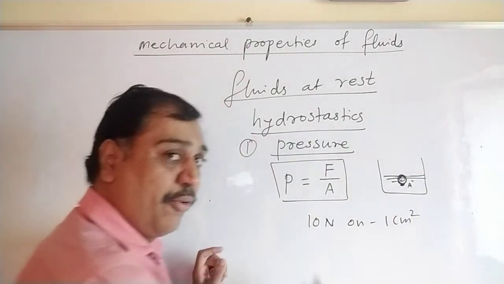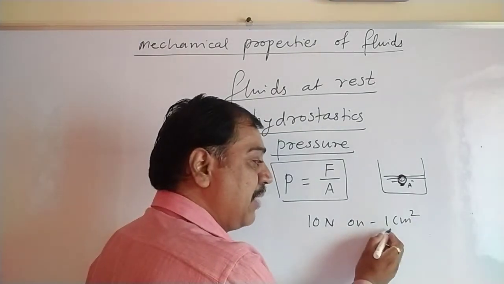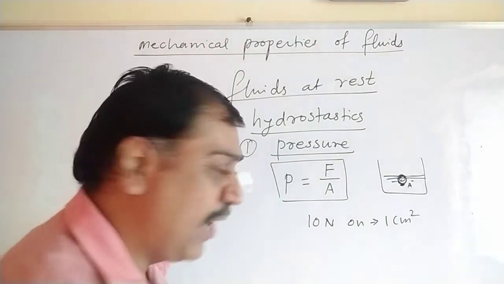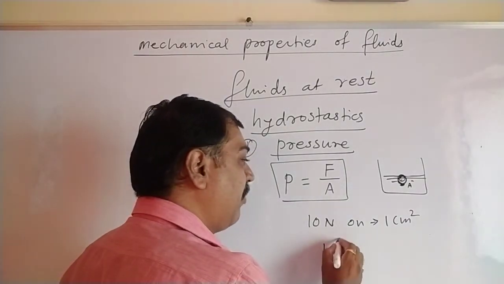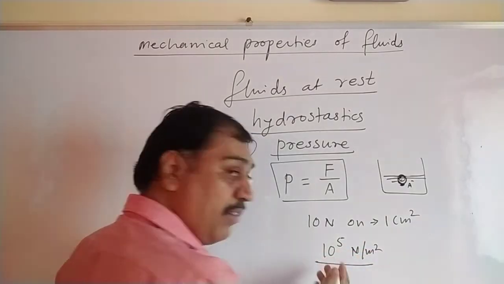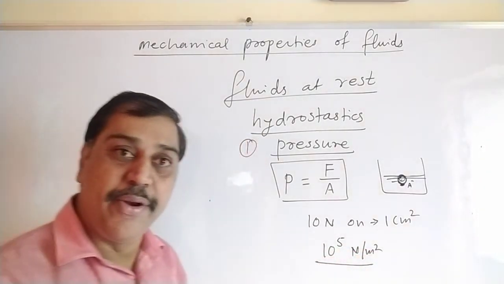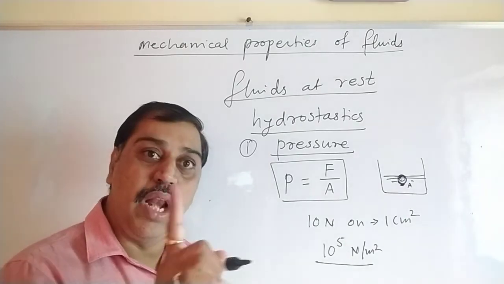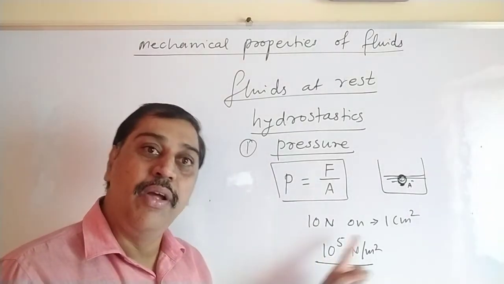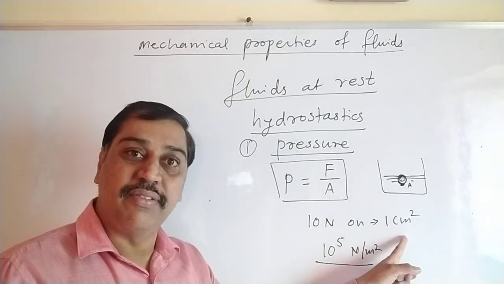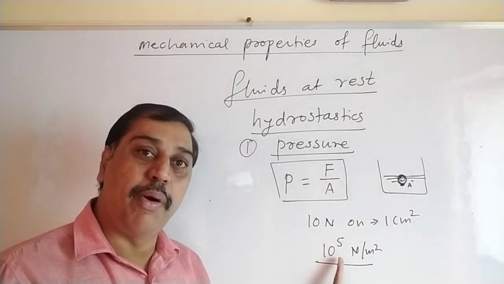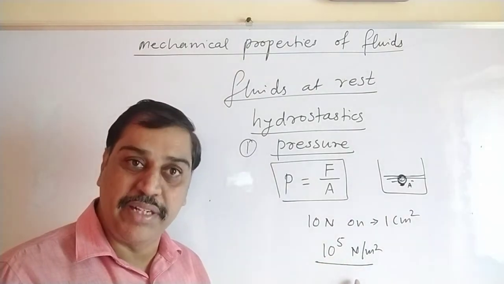When we apply a force of 10 Newton on 1 centimeter square area, the pressure exerted would be 10 raised to power 5 Newton per meter square. Remember, it's very large. 10 raised to power 5 Newton per meter square means 1 lakh Newton per meter square.